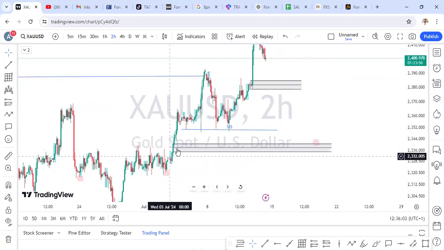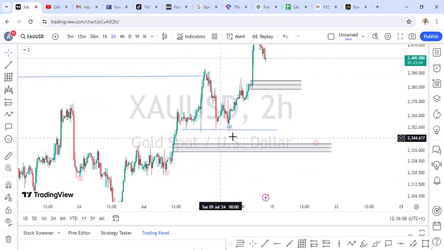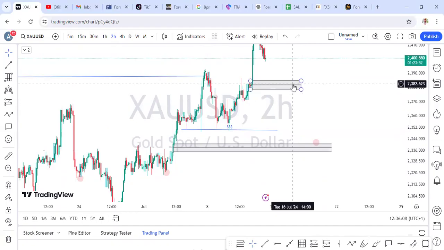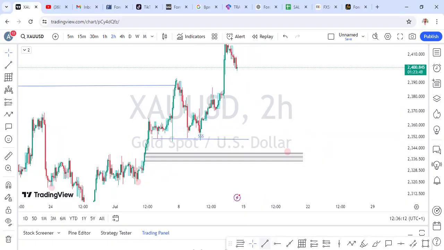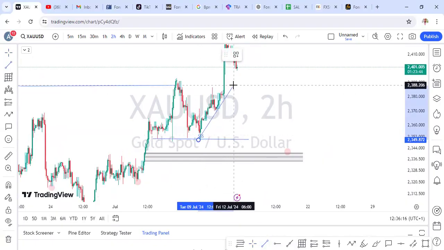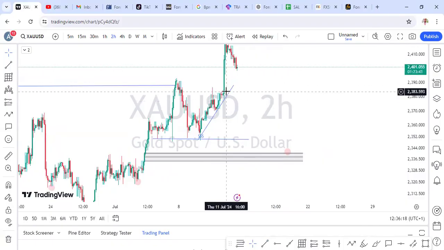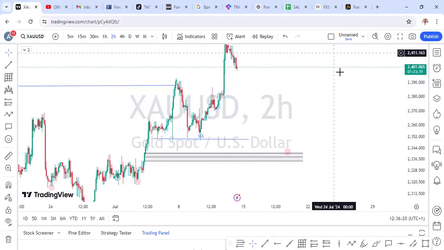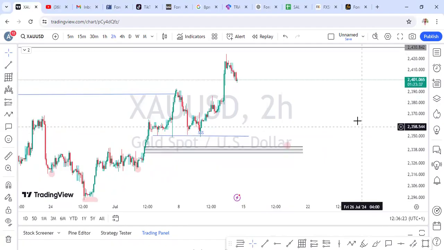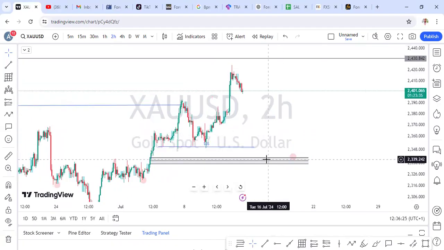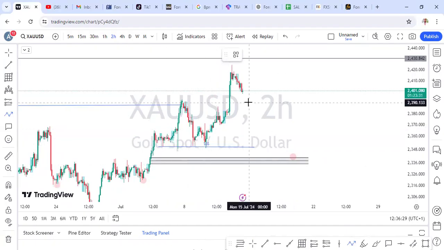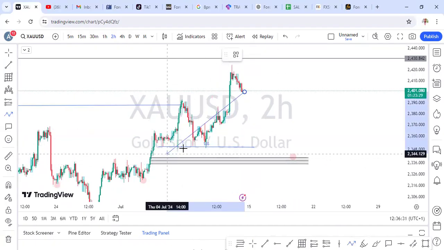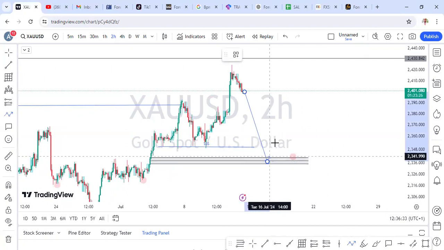Yeah, this imbalance is still open. This liquidity is still resting. And I still have a lot of trend line liquidity forming here. So I'd love to buy if price comes here, to this imbalance, sweeps all this liquidity, and mitigates this place.